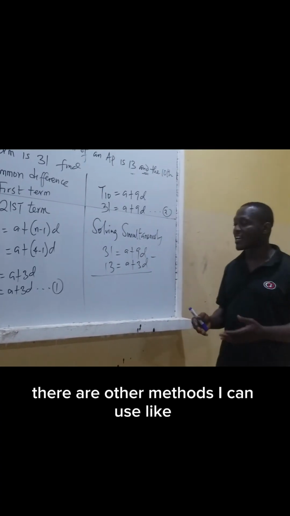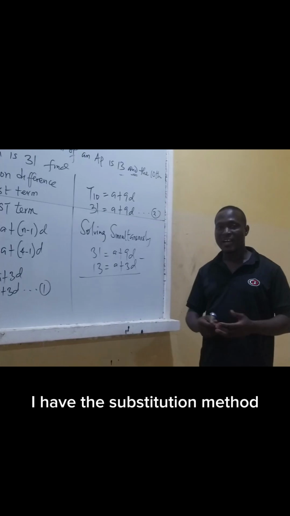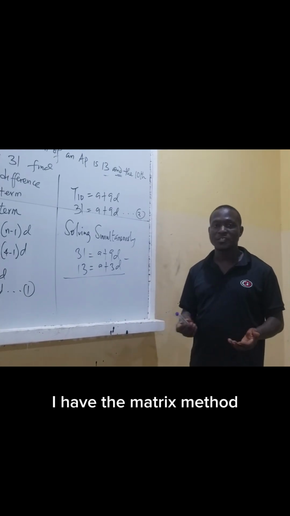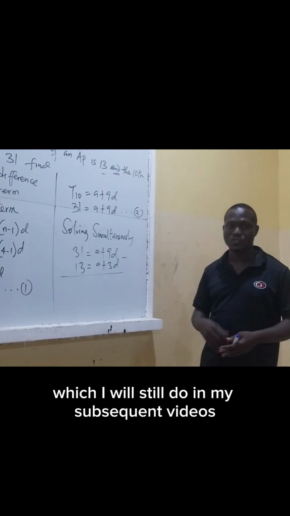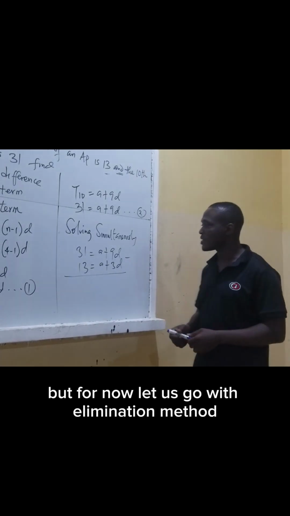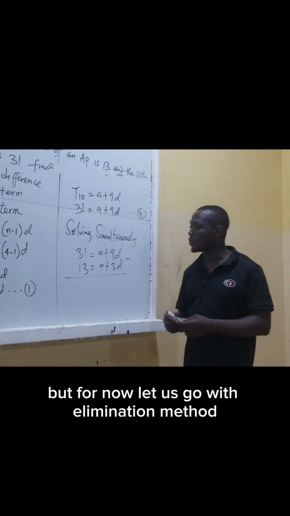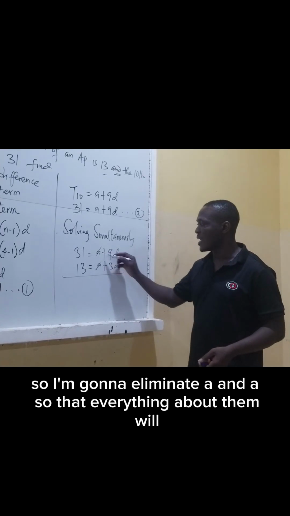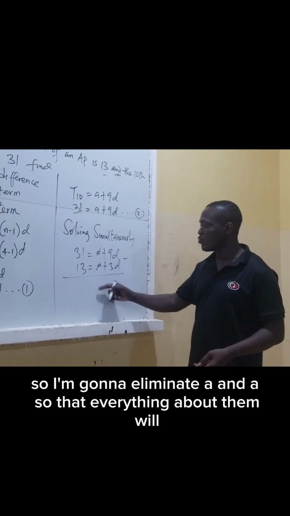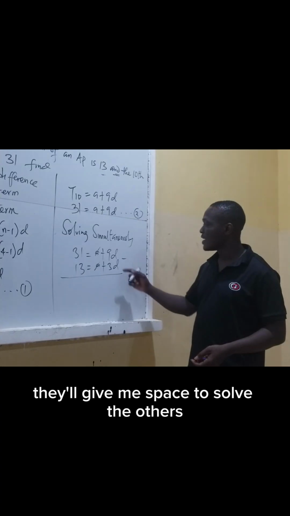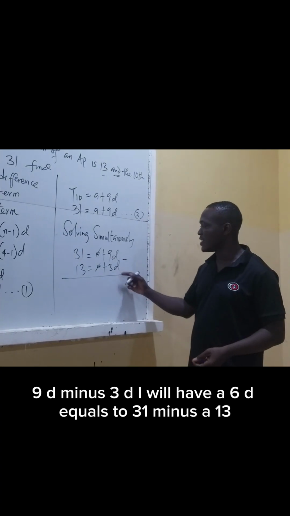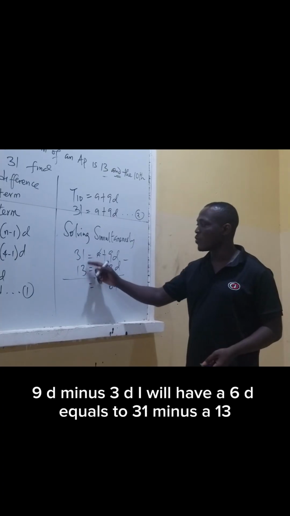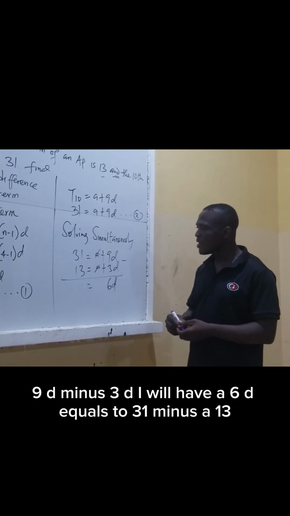There are other methods I can use, like the substitution method and the matrix method, which I will still do in my subsequent videos. But for now, let us go with the elimination method. So I'm going to eliminate A and A so that it gives me space to solve the others. 9D minus 3D, I will have 6D equals 31 minus 13.